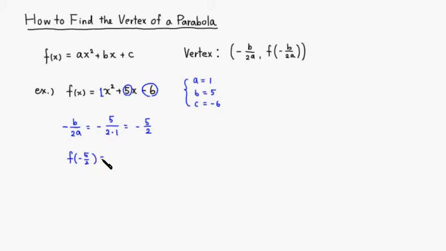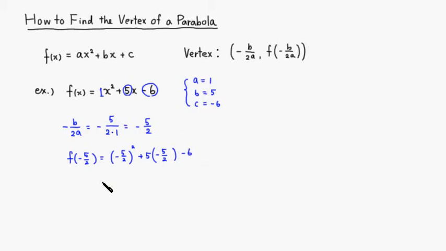So this is going to be equal to negative 5 halves squared, plus 5 times negative 5 halves, minus 6.